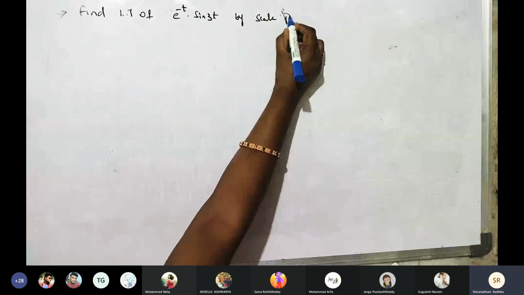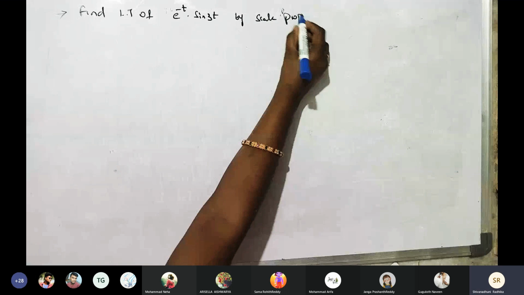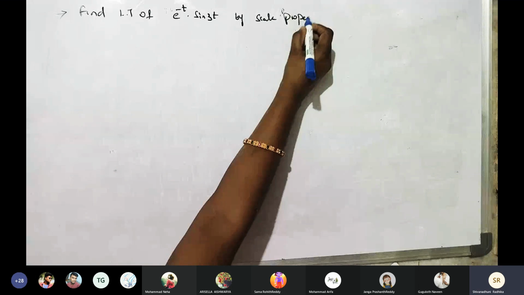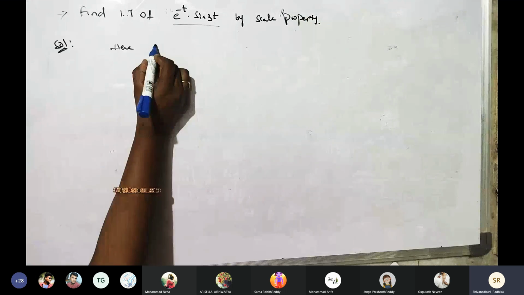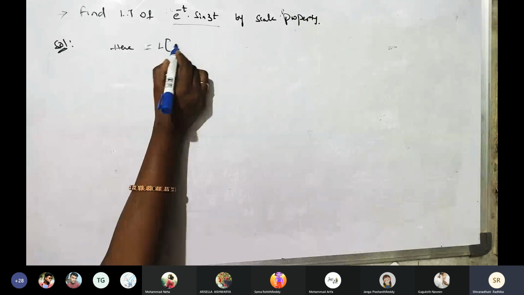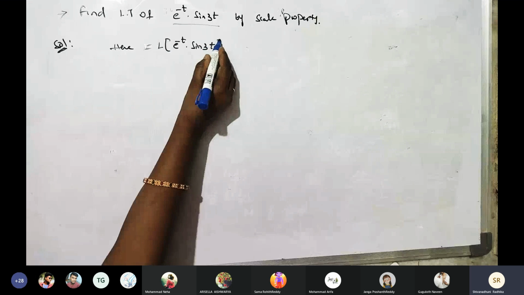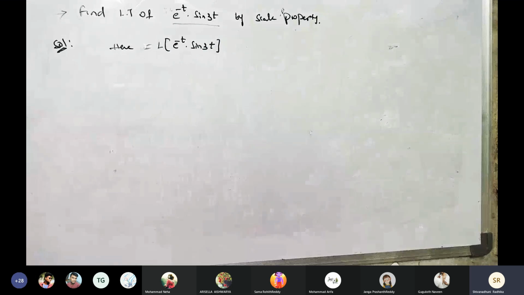What we need to find? First of all, we need to find this one. Here we have L of e power minus t into sin 3t. Beautiful concept.